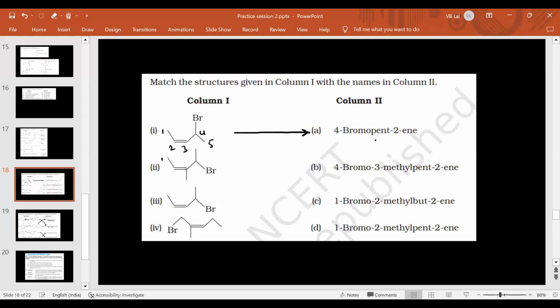So this is 1, 2, 3, 4, 5. Right? So what is this one now? This is also 1, 2, 3, 4, and 5, right?